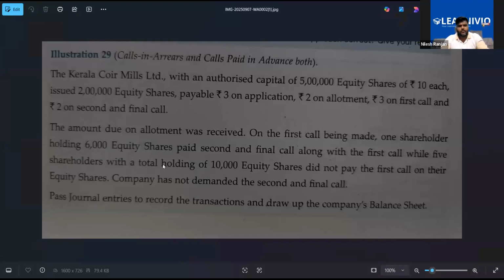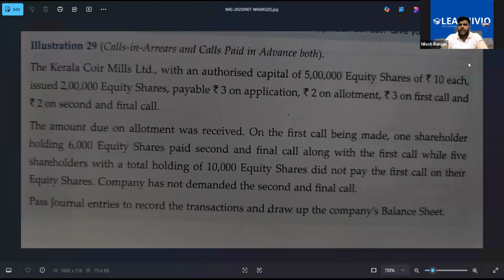Now it's visible. Okay, the Kerala Coir Mills Limited, with an authorized capital of 5 lakh equity shares of rupees 10 each, issued 2 lakh equity shares, payable 3 on application, 2 on allotment, 3 on first call, and 2 on second and final. The amount due on allotment was received.